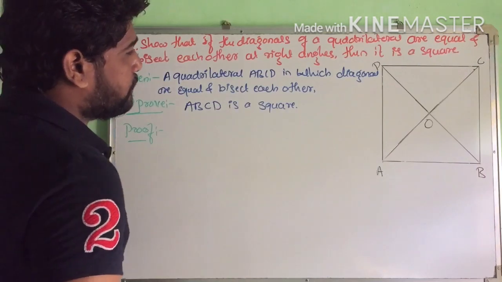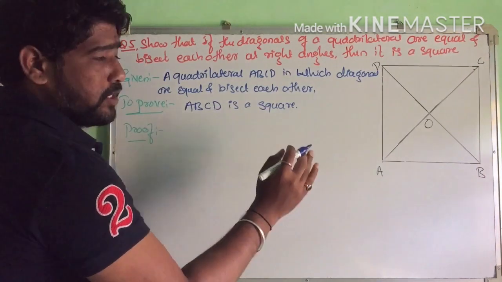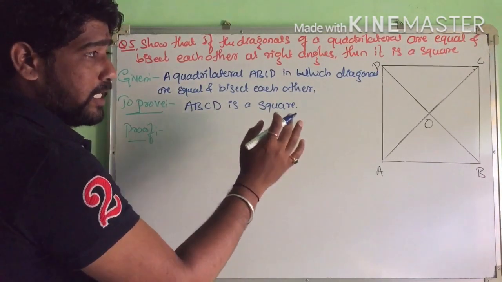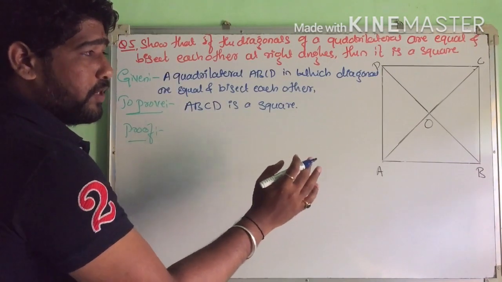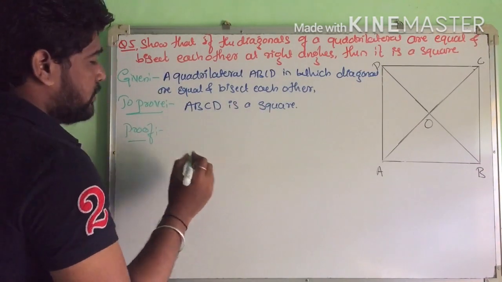So proof here. So properties of a parallelogram. In a quadrilateral, the diagonals bisect each other. It means it is a parallelogram, right?